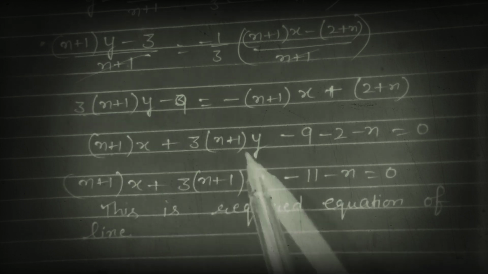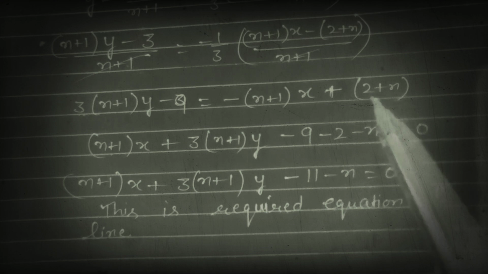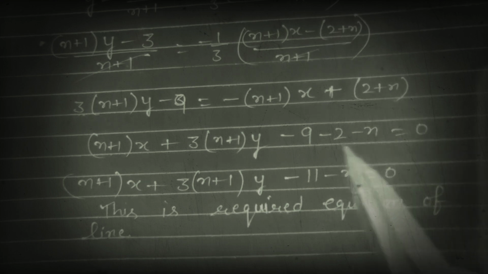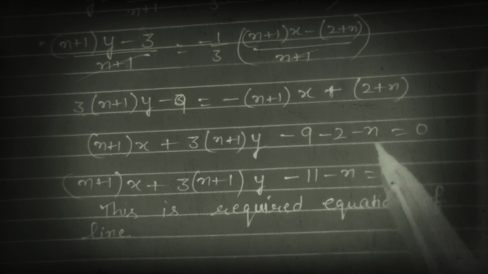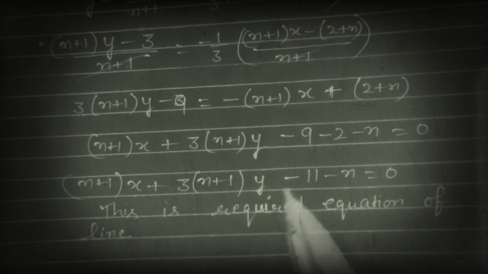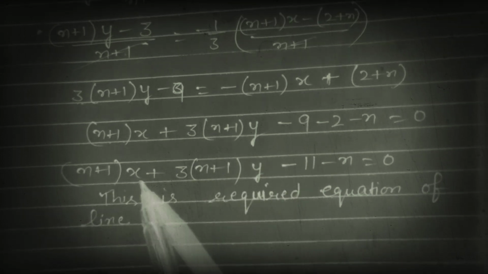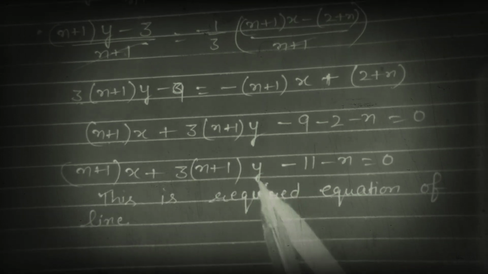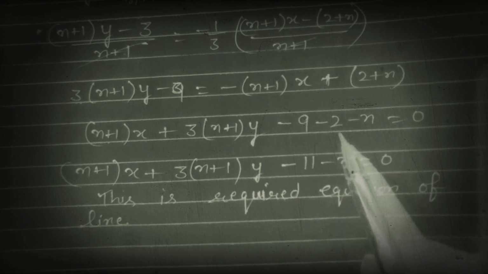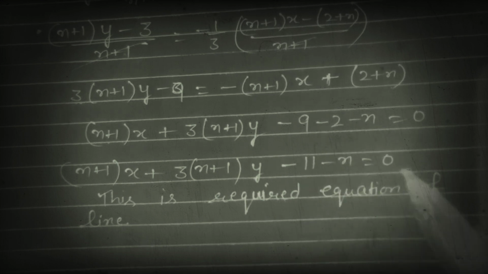It is also positive here. Minus 9. It is 2 plus n, and we will take it on the left hand side, it is minus 2 minus n. Then we get the answer: n plus 1 into x plus 3 into n plus 1 y minus 9 minus 2 minus 11 minus n is equal to 0. So this is the required equation of line.